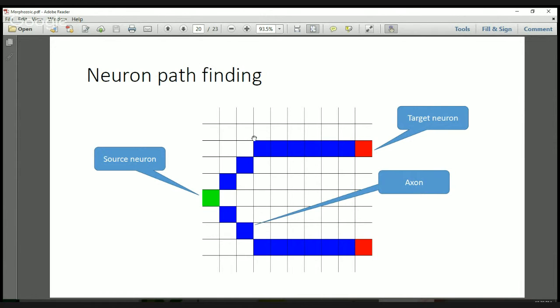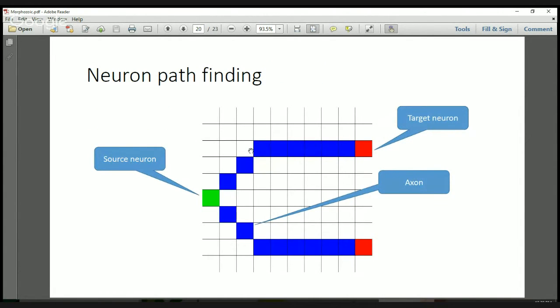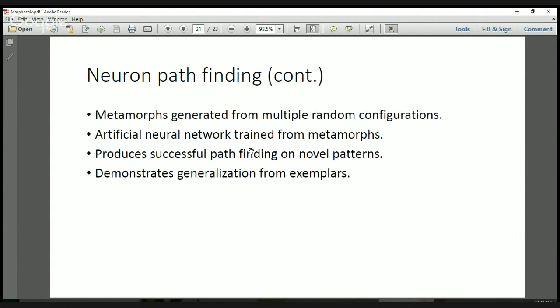I do not have an actual demo of this, because it takes quite a bit. This one uses the neural network. Neural network is very valuable for this because of the generalization. So we generate metamorphs from a bunch of random configurations of source and target neurons, and then we train an artificial neural network from those, and then we supply a novel pattern that it hasn't been trained on.